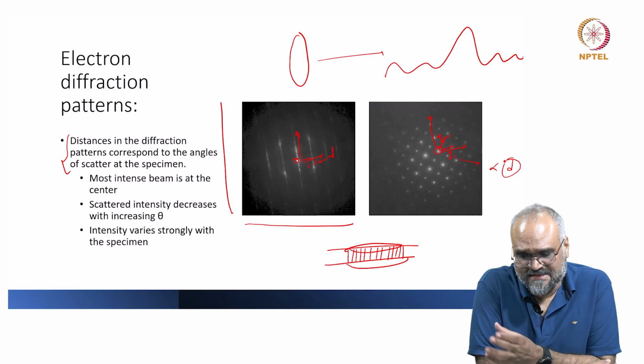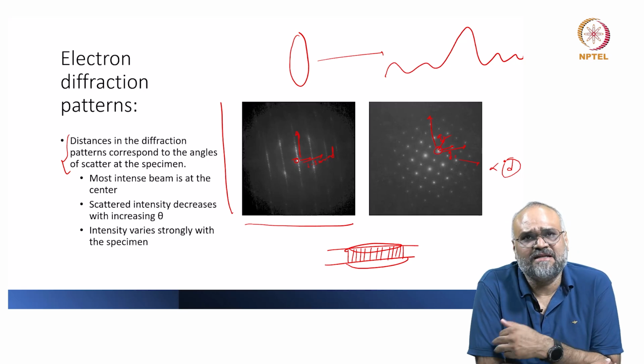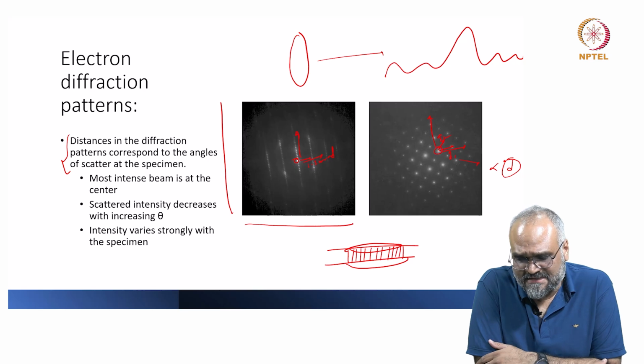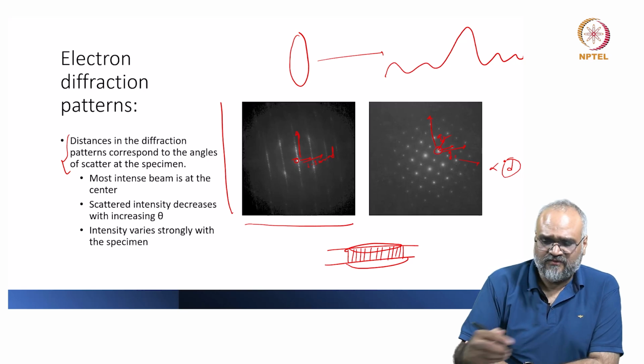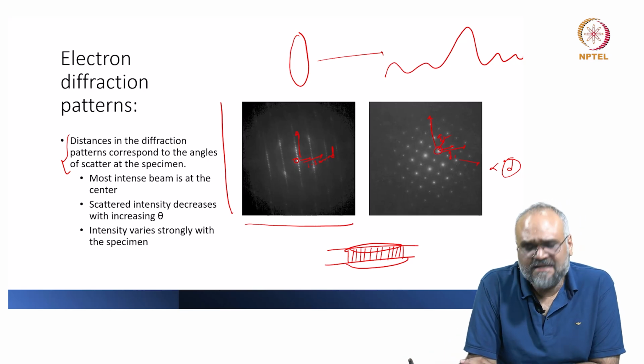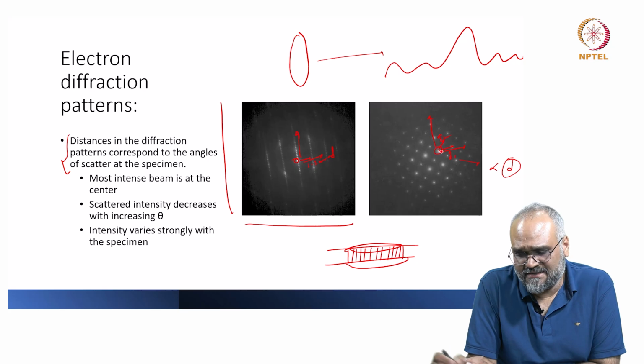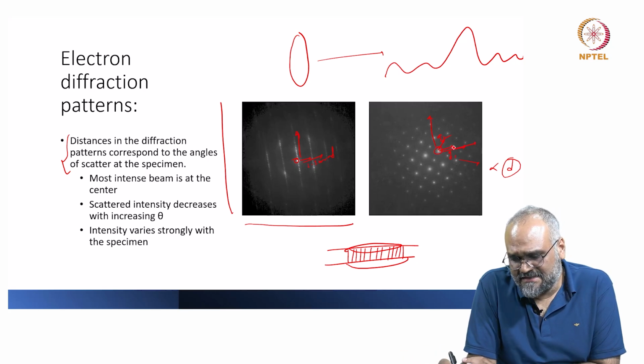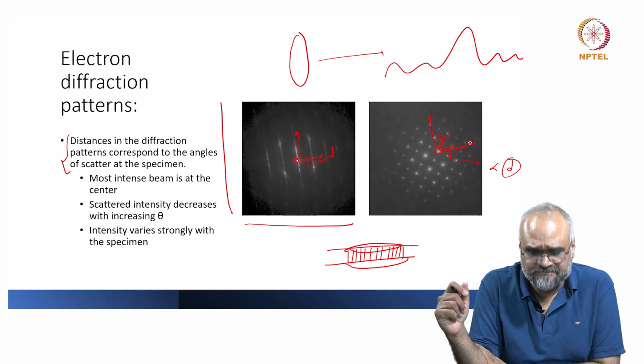Let us understand how this relationship works in the next slides. But essentially, from the central undeviated beam, you have the brightest intensity, and as I go farther away, the intensity of these spots starts decreasing.